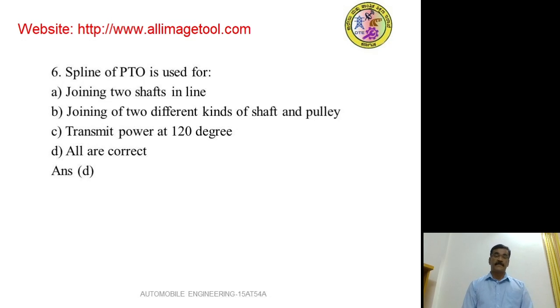Question number 6. Spline of PTO is used for option A, joining two shafts in line, option B, joining of two different kinds of shaft and pulley, option C, transmit power at 120 degree, option D, all are correct.